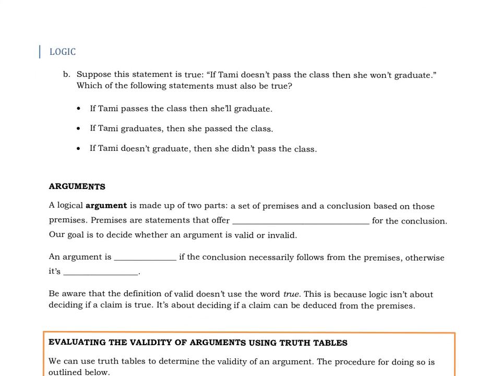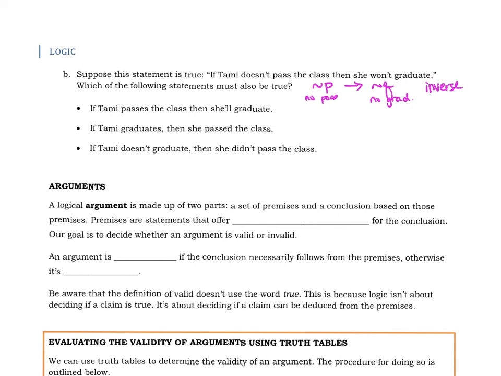So if Tammy does not pass the class, the does not, that's a not. So no pass is what the not P is going to mean. Then she won't graduate. Not Q, no graduate. If you'll go back and look at the previous page, this is the inverse.